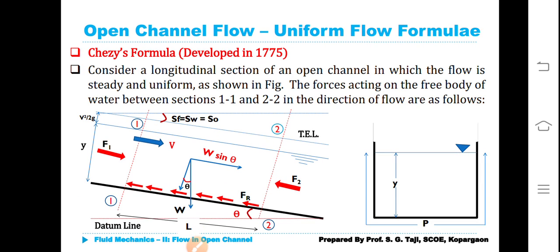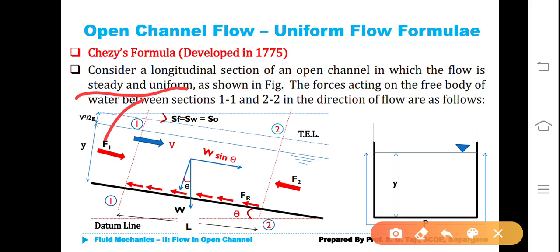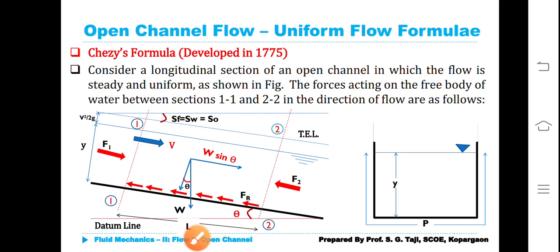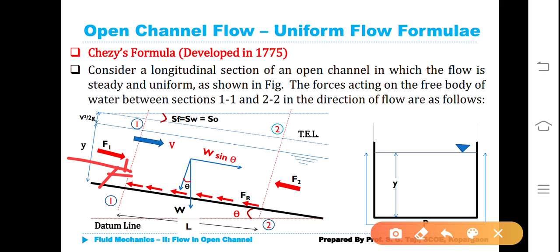Consider a longitudinal section of an open channel in which the flow is steady and uniform as shown in figure. The forces acting on the free body of water between section 1-1 and section 2-2 in the direction of flow are as follows. 1. The hydrostatic pressure force F1 in the direction of flow at section 1-1, F2 in the opposite direction of the flow at section 2-2. 2.